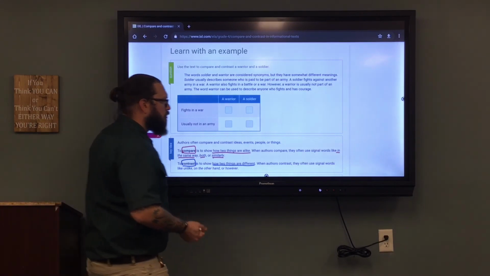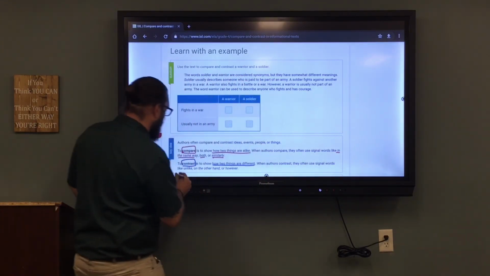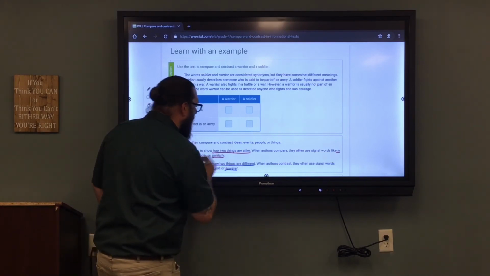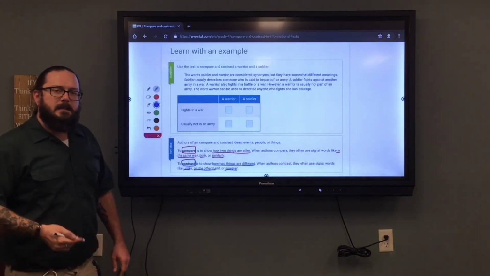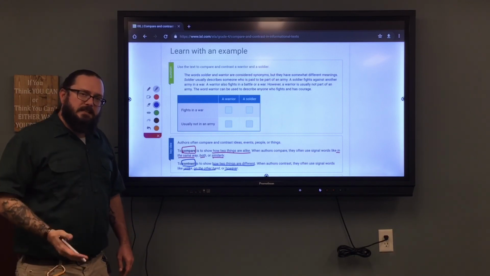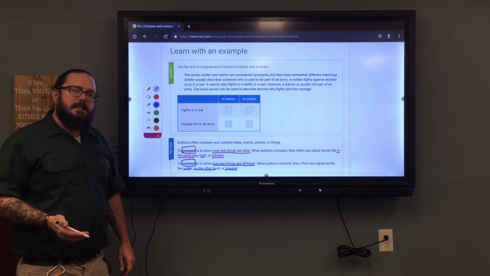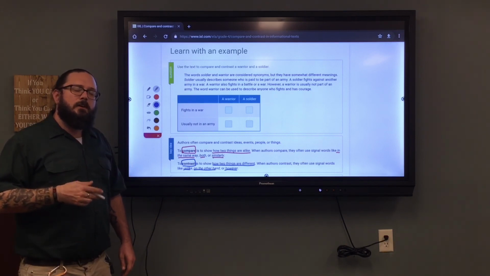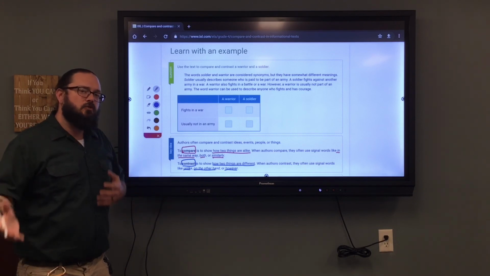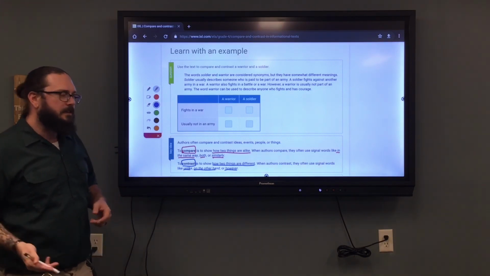When authors contrast, they're going to use signal words such as unlike, on the other hand, or however. Let's take a moment and look at a brief passage and see if we can identify details that are comparing similar things and contrasting how things are different.